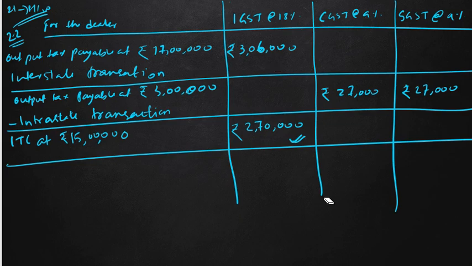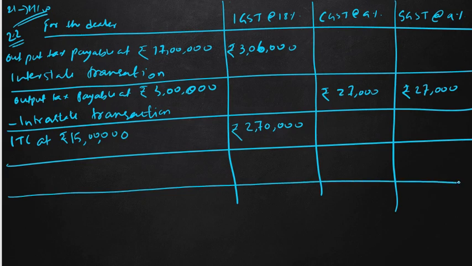Because he has less money. In the IGST section he has to pay 3,06,000, but he has less than that. If he had more than 3,06,000, he would have paid that 3,06,000 to IGST, and the remaining money would be paid to CGST and SGST.